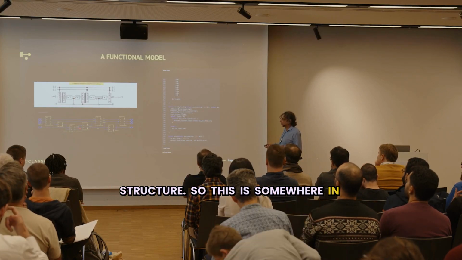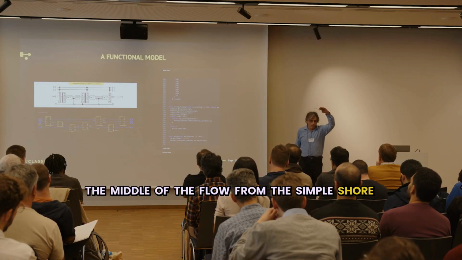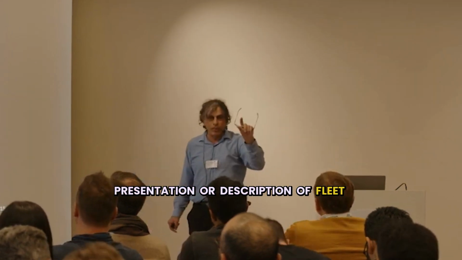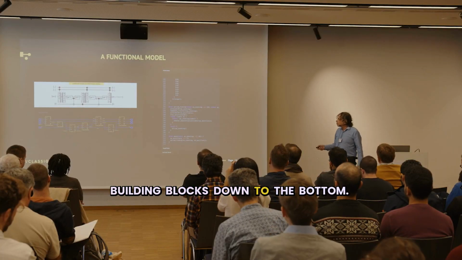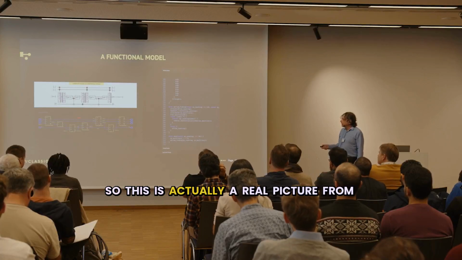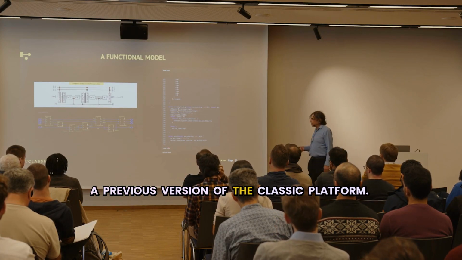So this is somewhere in the middle of the flow from the simple presentation or description of 3 building blocks down to the bottom. This is actually a real picture from a previous version of the classic platform.